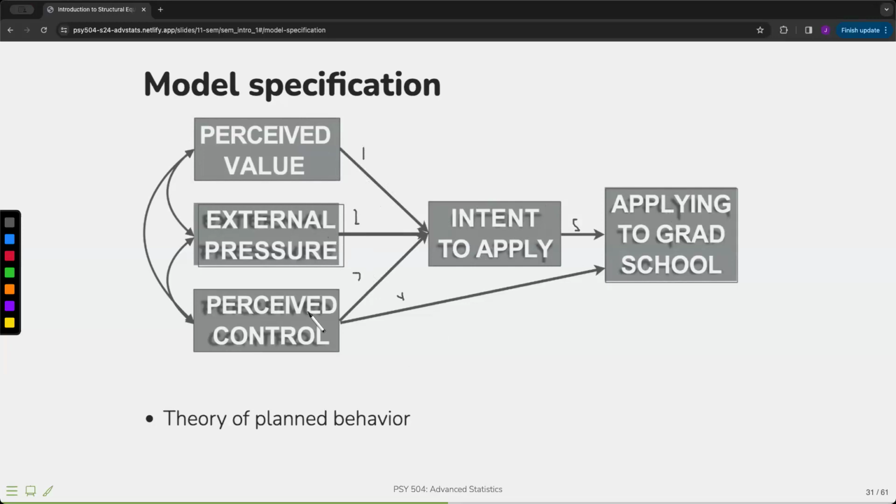The theory of planned behavior suggests that perceived control, so if you think you're going to get into a place, can actually affect behavior, which is the addition in the theory of planned behavior. This is an extension of the theory of reasoned action. But what I really think is so cool about structural equation modeling is that we can test models like this and see if they're valid.